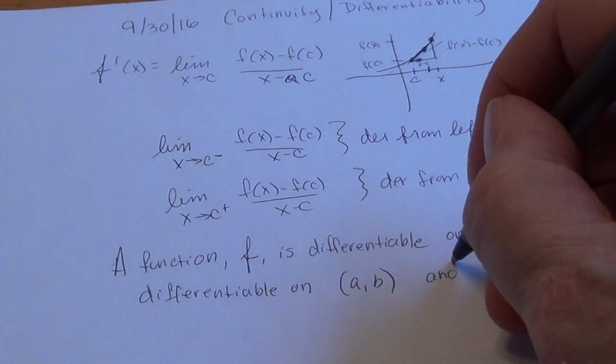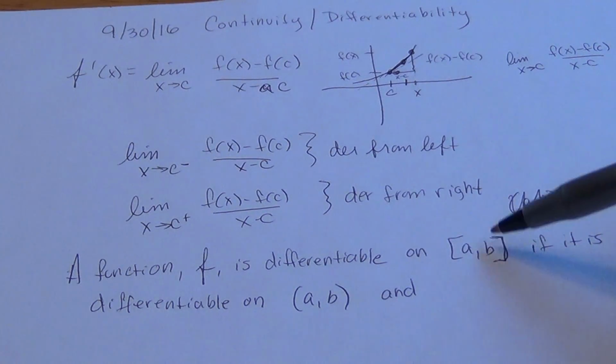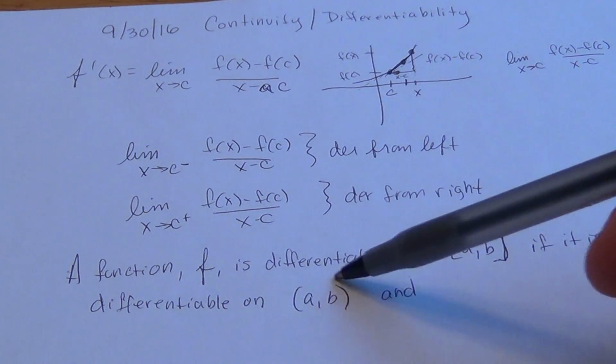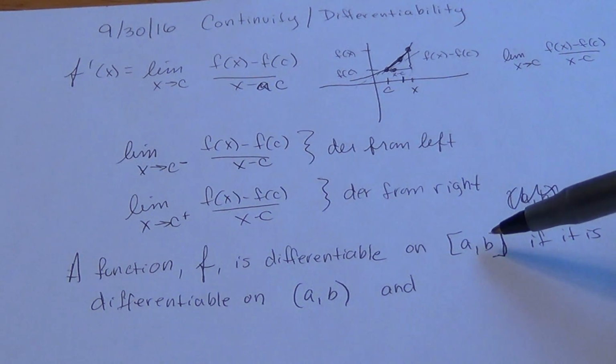For it to be differentiable on the closed one, it has to be differentiable on the open one, which is everything but A and B. So now we have to address A and B.